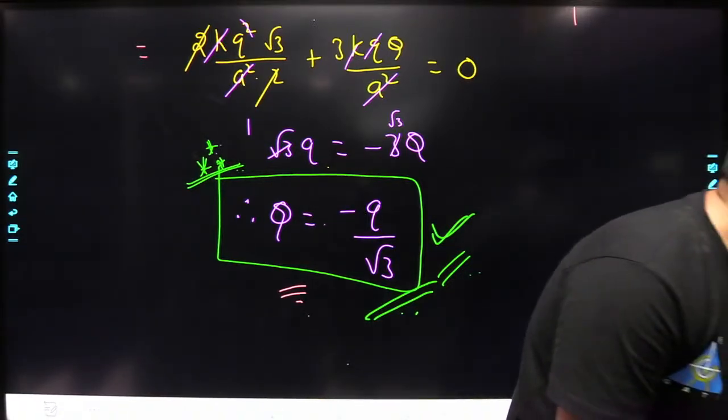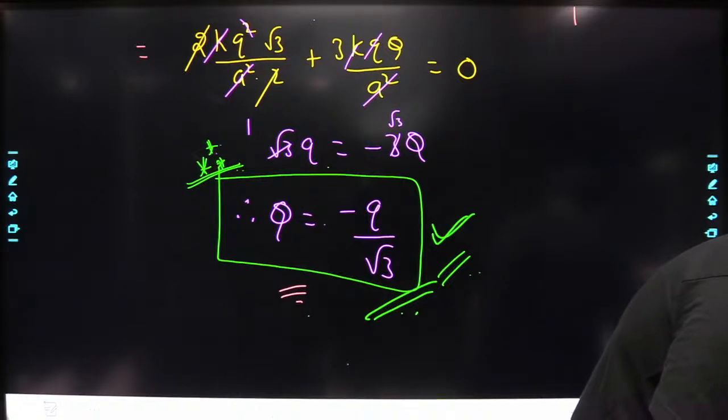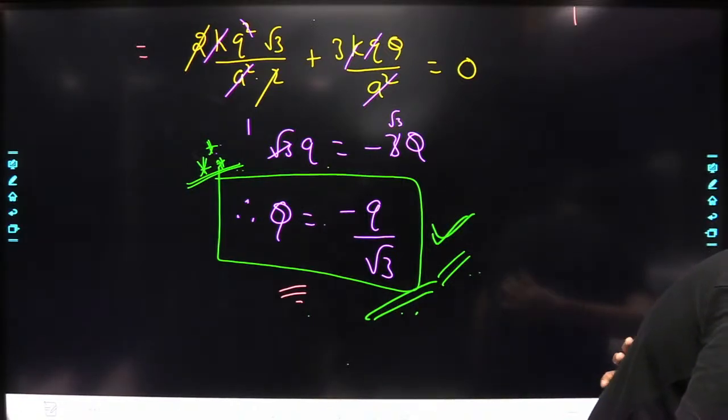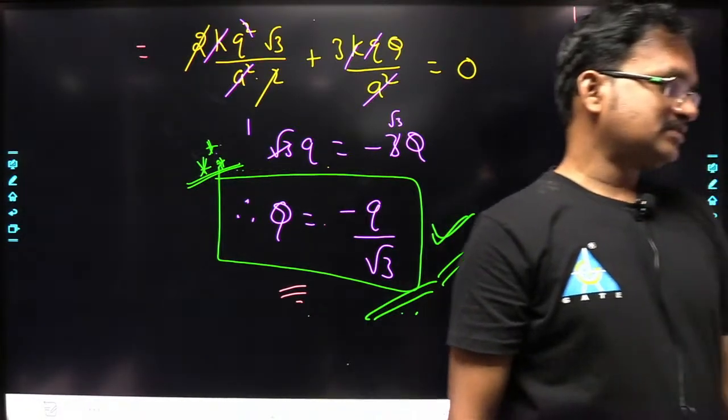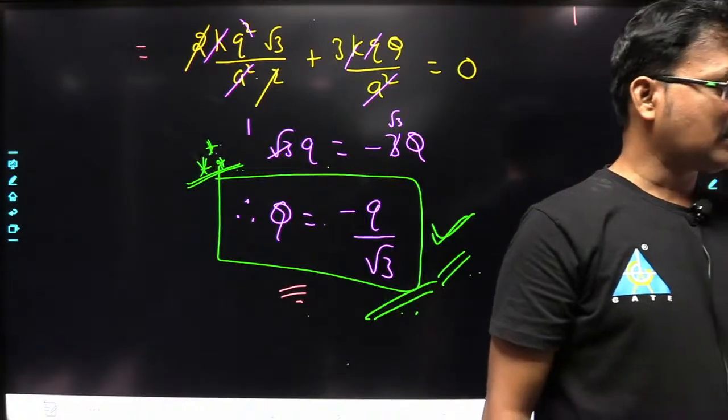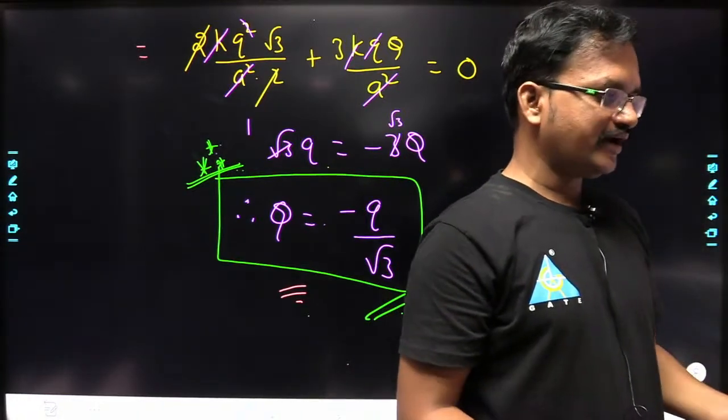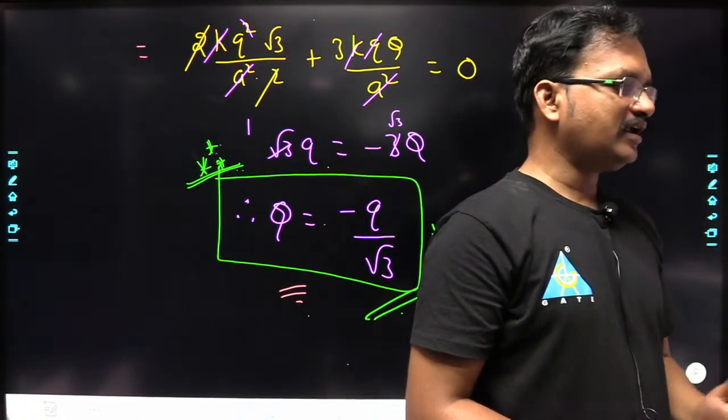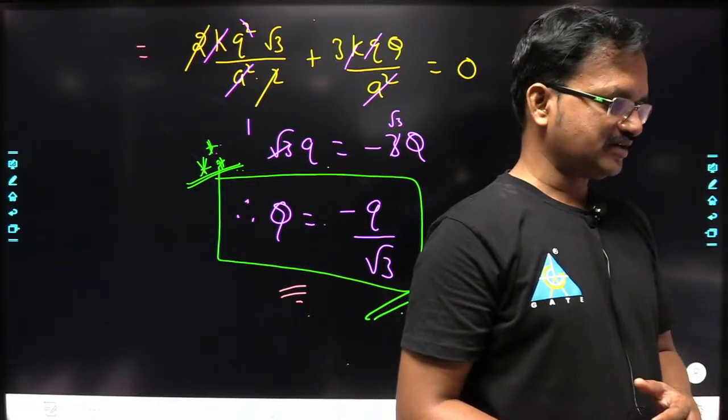Parameshwar, what are you asking here? Sir, what if the net force on Q is not equal to 0, or all charges are not equal? See, Parameshwar, if all the charges are not equal, then also you can determine it, but mathematically it will become somewhat complicated, that's it.